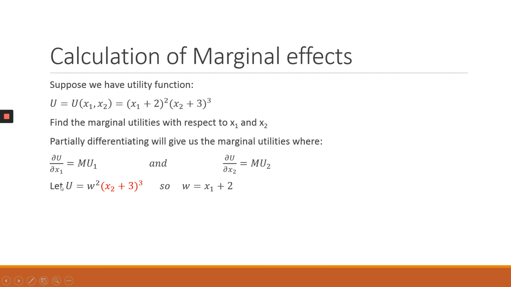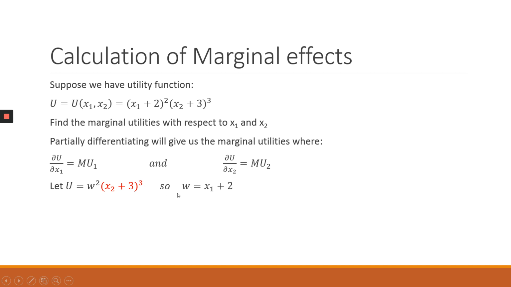So we can rewrite the utility function, introducing a new variable w to capture the elements that are inside the first bracket. So we can rewrite the utility function as w squared multiplied by x2 plus 3 raised to the power of 3, which is behaving like a constant. So in this instance, your w is basically your x1 plus 2, right?